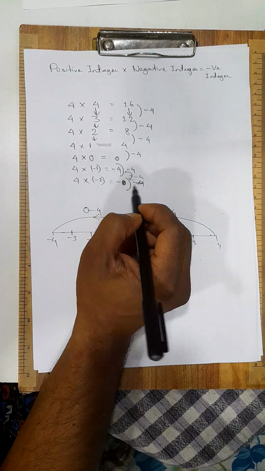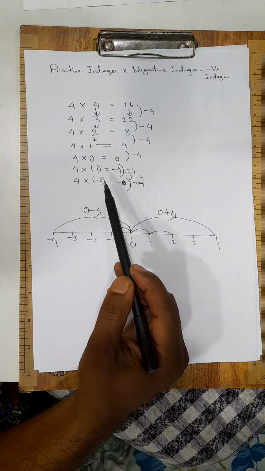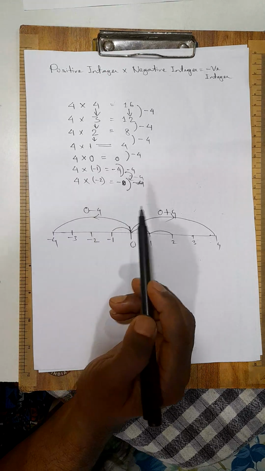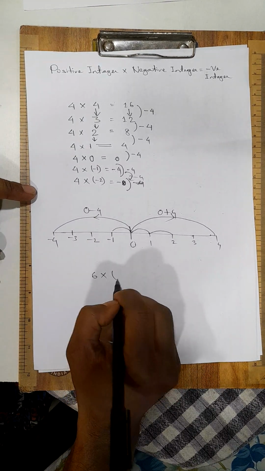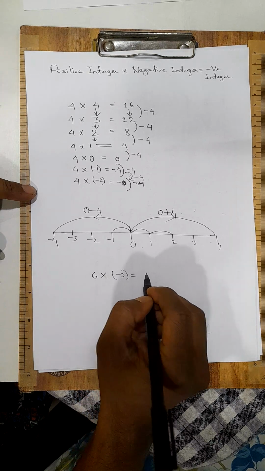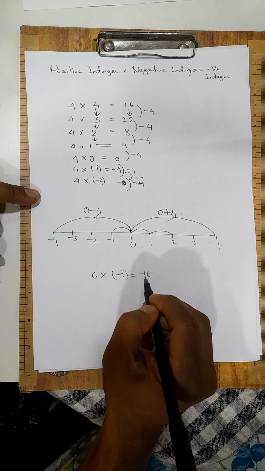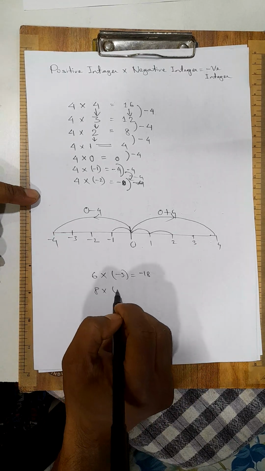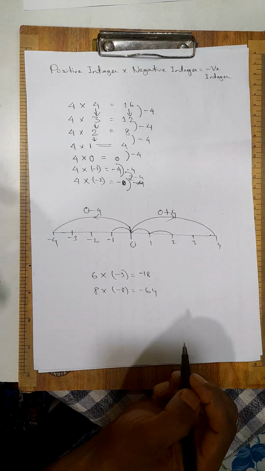So we come to know that a positive integer multiplied by a negative integer is negative. Similar examples: 6 multiplied by minus 3 is minus 18. 8 multiplied by minus 8 equal to minus 64, right?